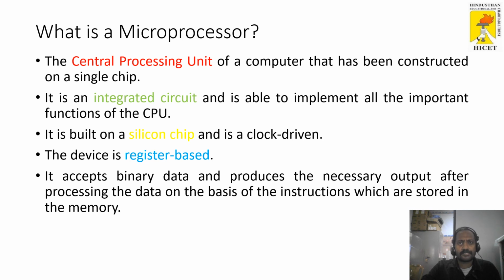The microprocessor is a multi-purpose, clock driven, register based digital integrated circuit that can accept binary data as input and process it according to the instructions stored in memory, and provide a result as the output. So the microprocessor contains both combinational logic and sequential digital logic.